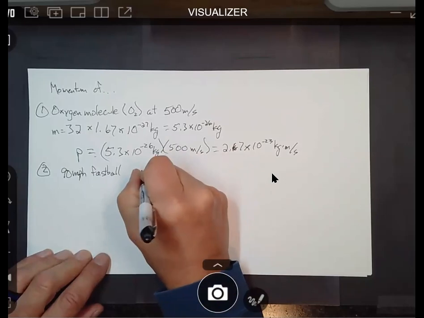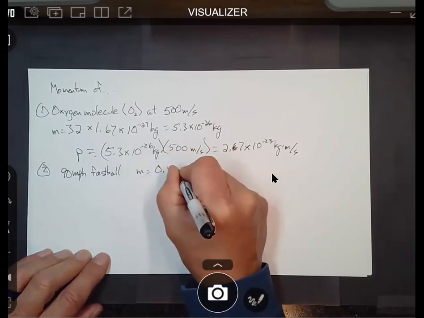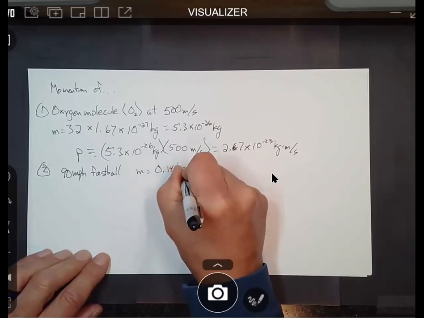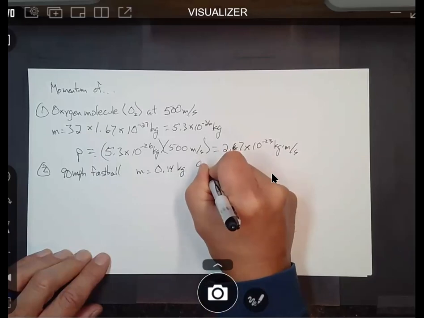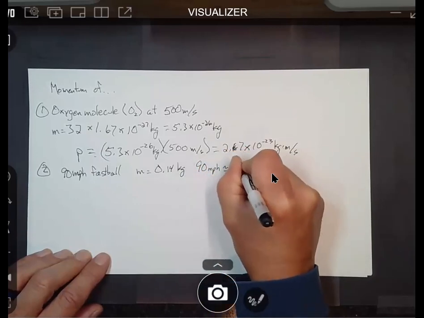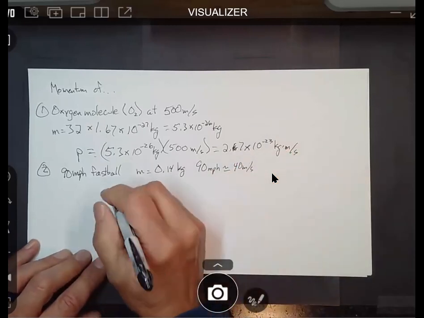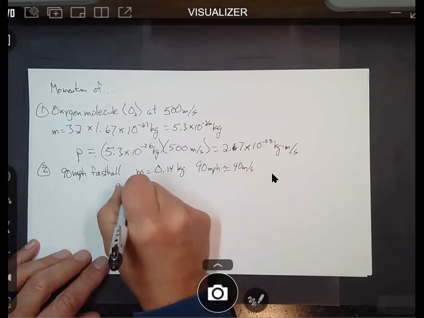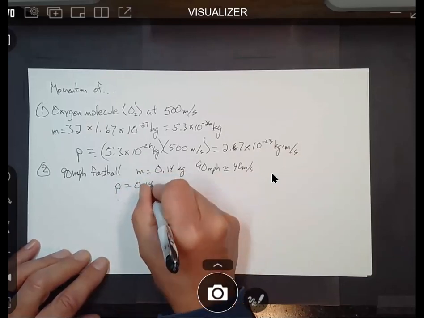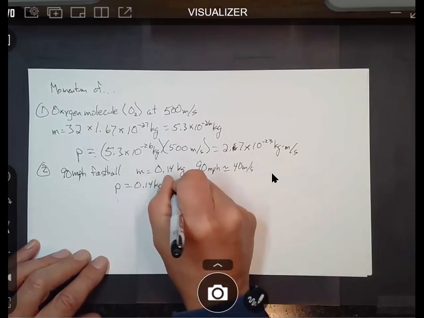The mass of a baseball is about 0.14 kilograms. So the momentum of a baseball is going to be 0.14 kilograms times 40 meters per second.